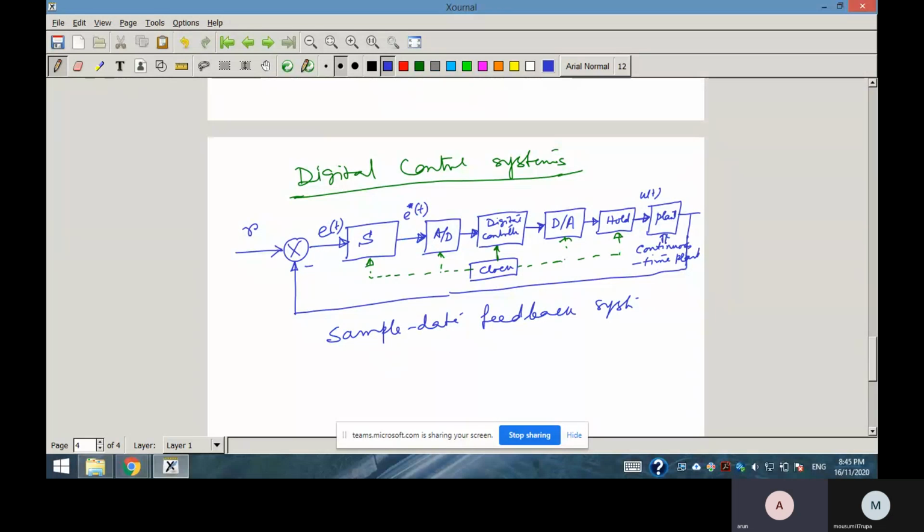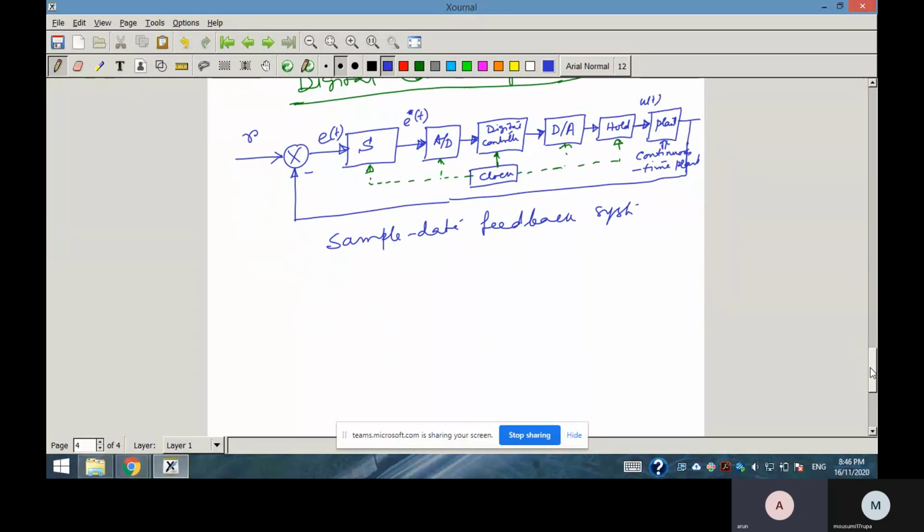This is your continuous time plant. Okay. So now, what is the advantage of digital control systems?